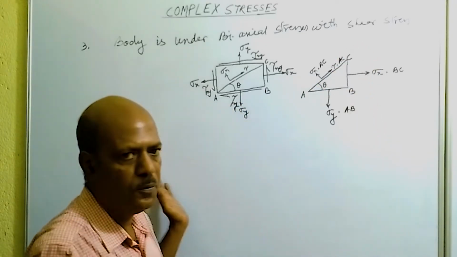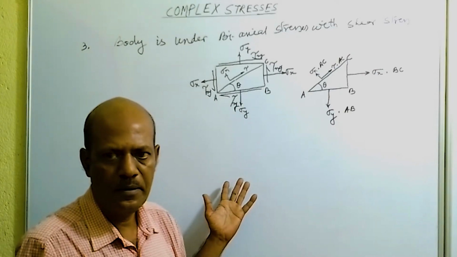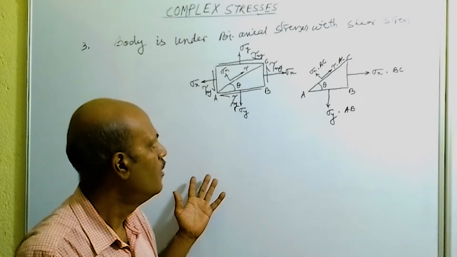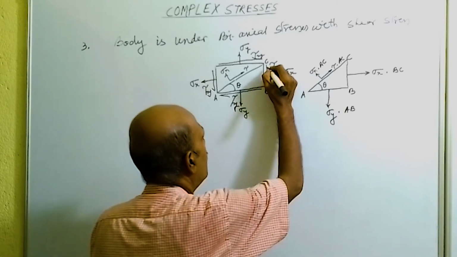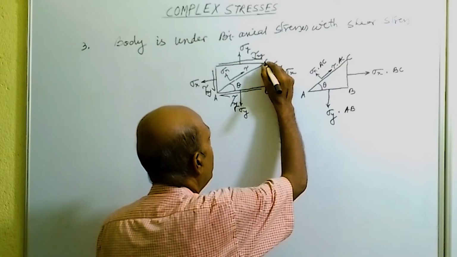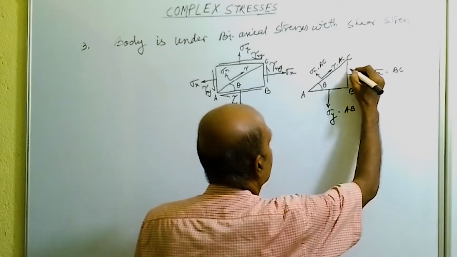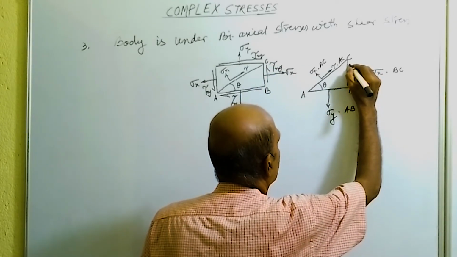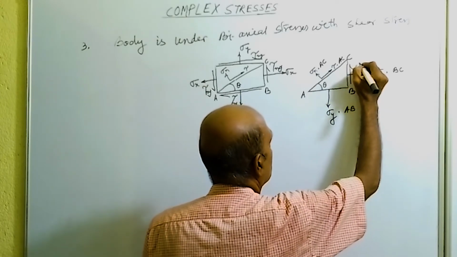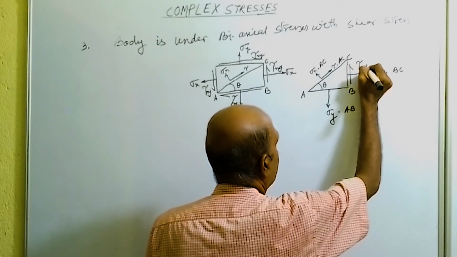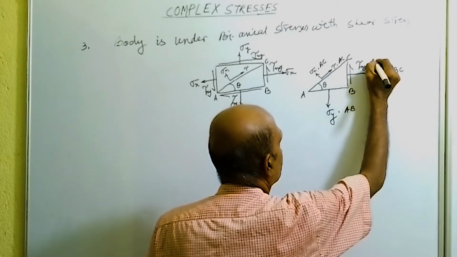So these are the four forces acting on the element, as well as the shear stresses are also acting. So along y direction, what is the stress acting on this face? The shear stress is acting, so that shear force will be tau xy into BC.